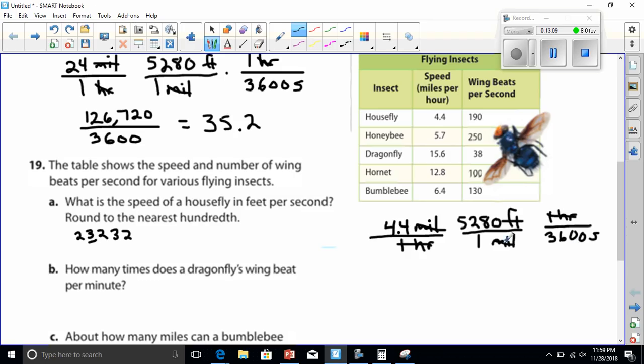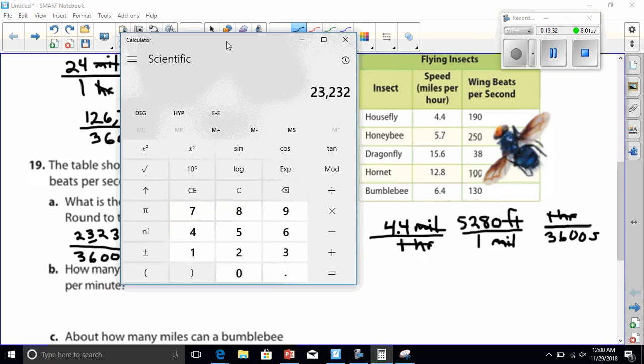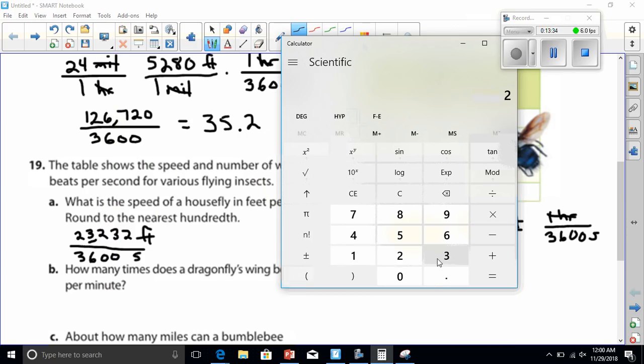And that's going to be divided by 3,600, because 1 times 1 is 1, and 1 times 3,600 is 3,600. Remember, we're talking feet per second. And we can reduce this by putting in our calculator 23,232 divided by 3,600.